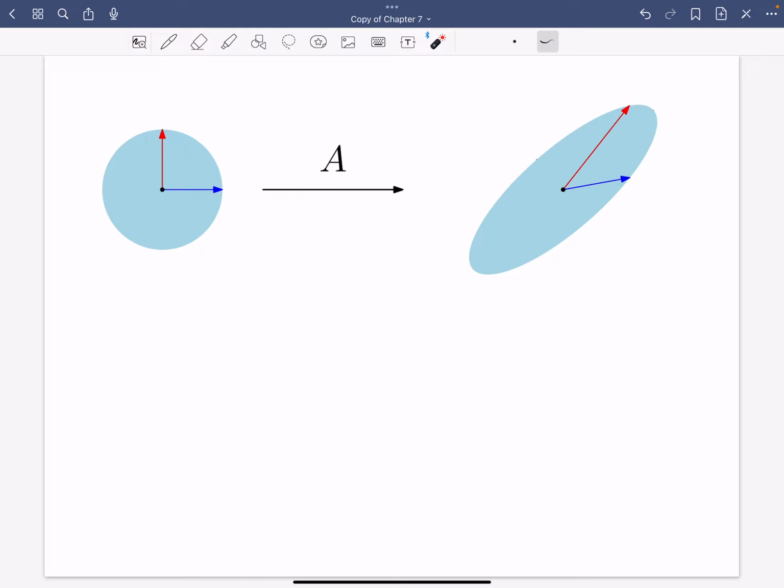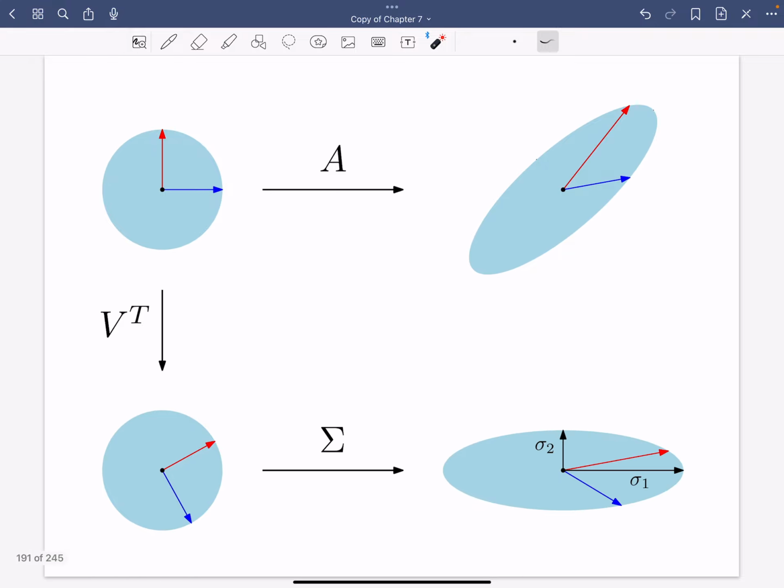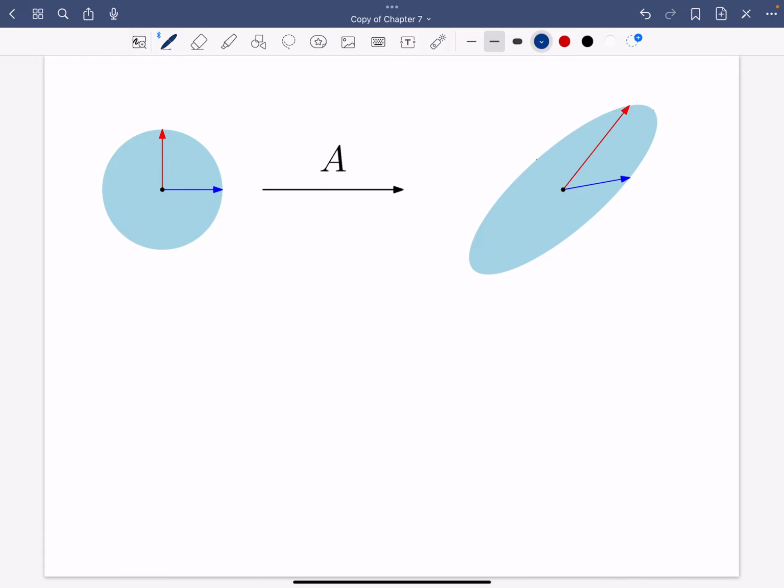What we can do is split the linear transformation defined by A up into three separate linear transformations. If A is equal to U sigma V transpose, then when I multiply a vector by A, I can think of this as being done in three steps.